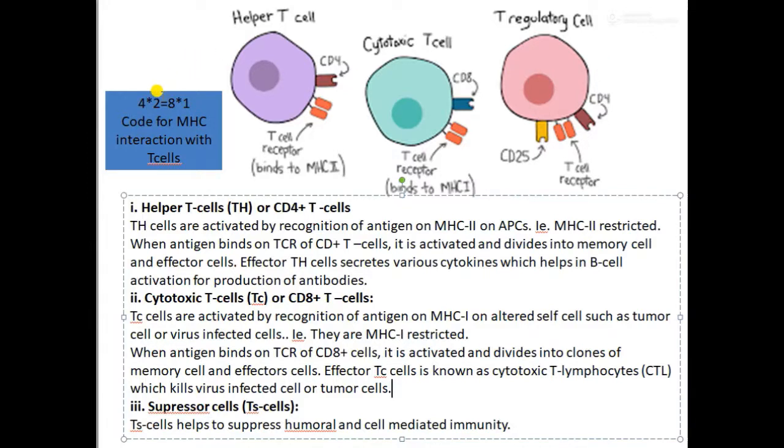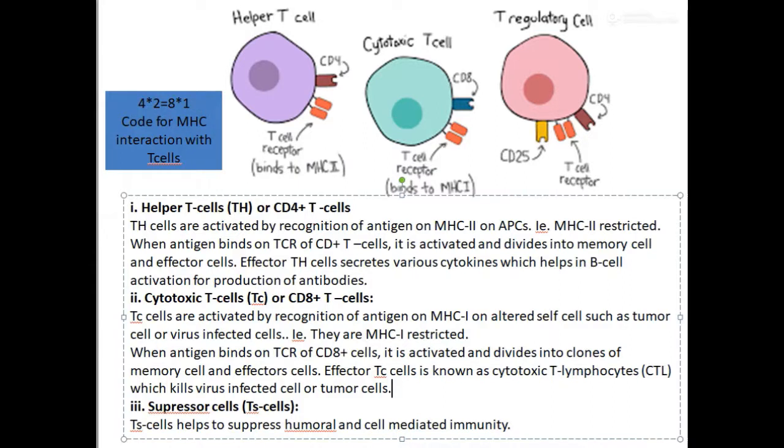You can just remember this formula: 4 into 2 is equal to 8 into 1. That is all the same. So the CD4 bearing T helper cell interacts with class 2 MHC, and the CD8 bearing cytotoxic cell interacts with a class 1 MHC.